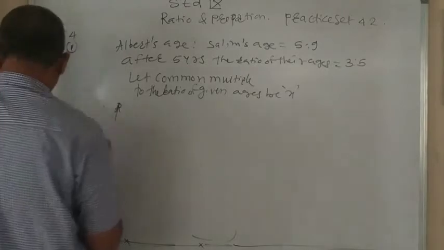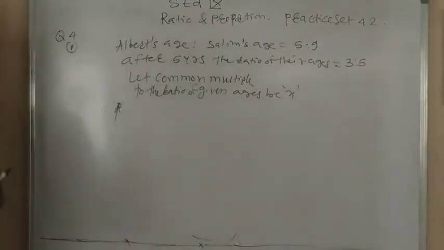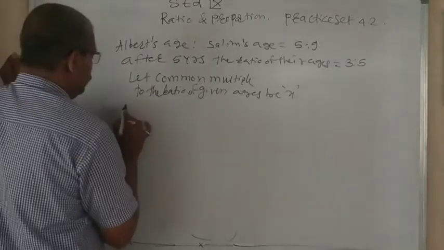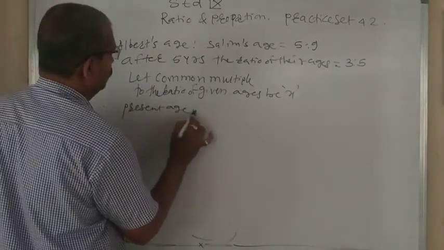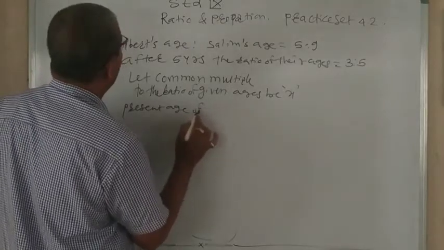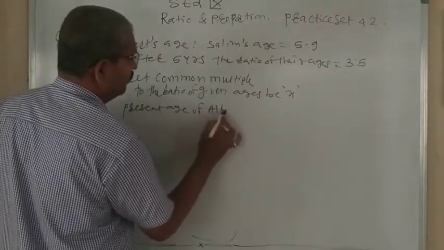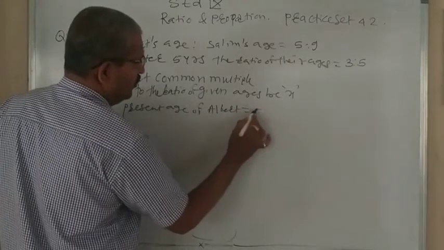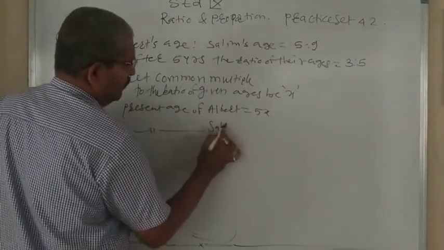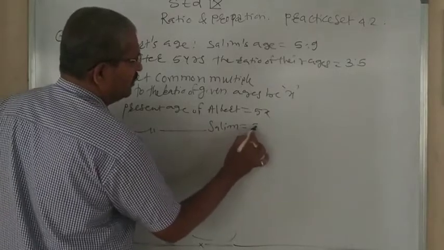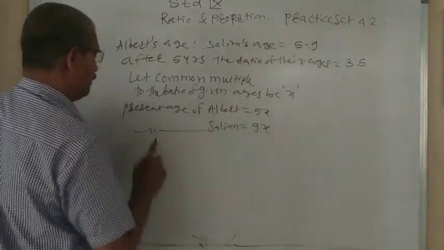Therefore, present age of Albert is equal to 5x and present age of Salim is equal to 9x.